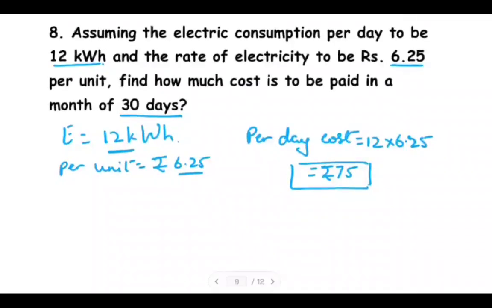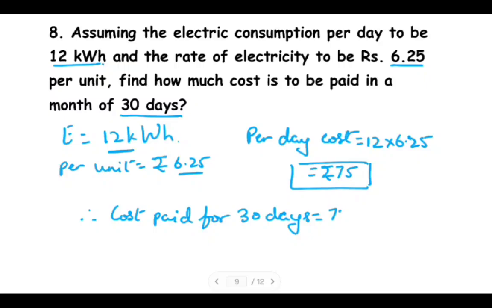Now therefore cost paid for a month, which is 30 days, is equal to 75 into 30, which is nothing but 2250 rupees. Very simple, very easy.